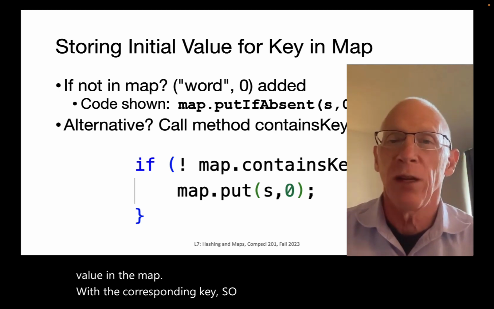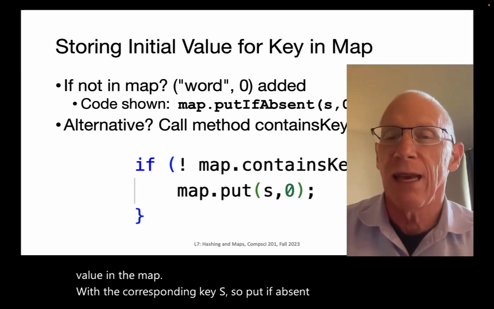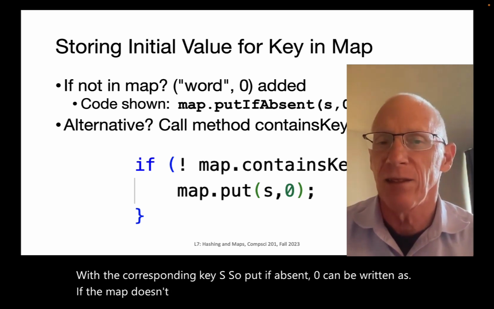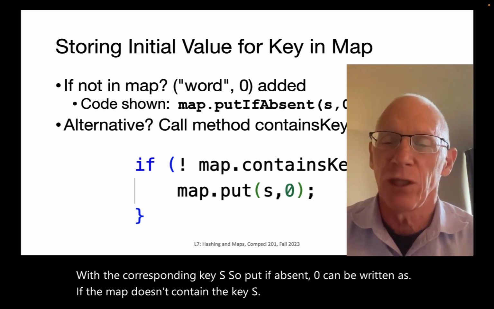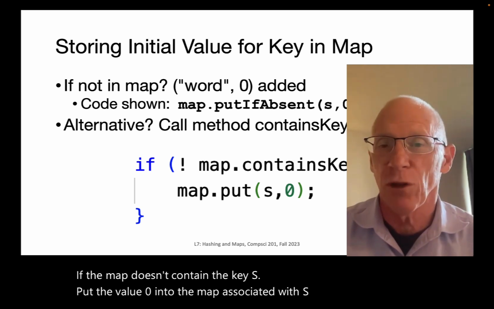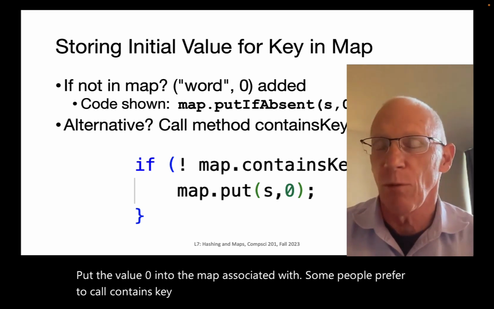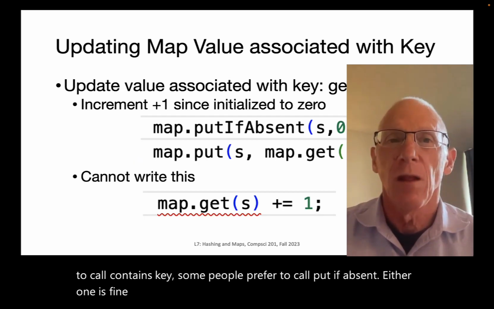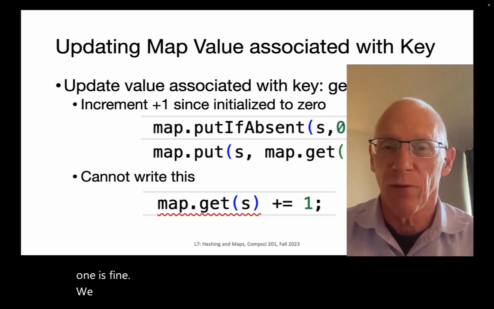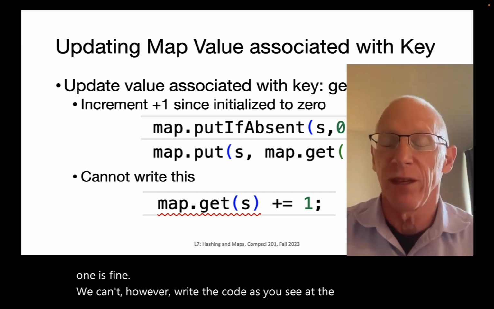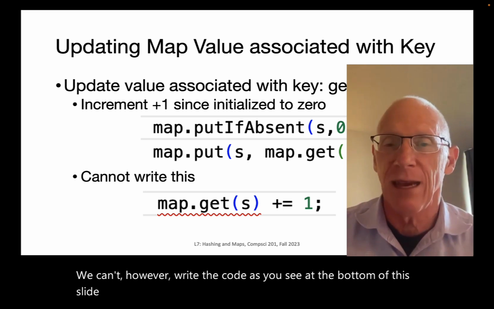So putIfAbsent(s, 0) can be written as, if the map doesn't contain the key s, put the value 0 into the map associated with s. Some people prefer to call containsKey, some people prefer to call putIfAbsent. Either one is fine.